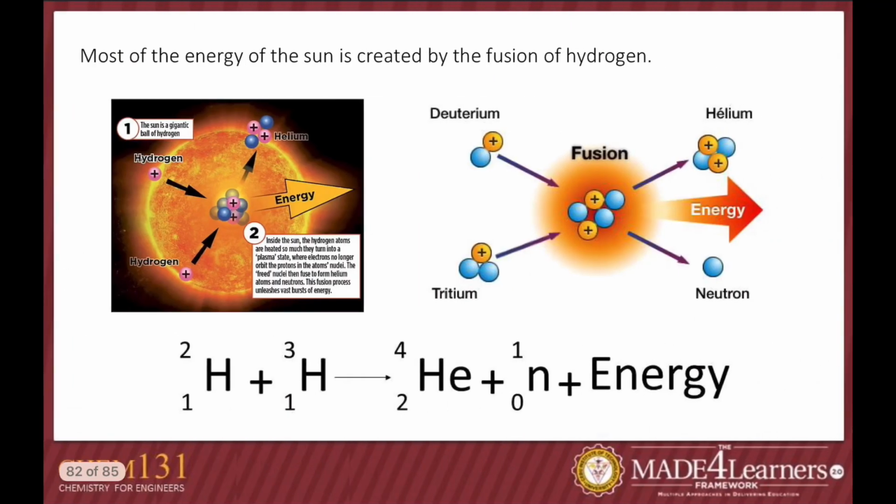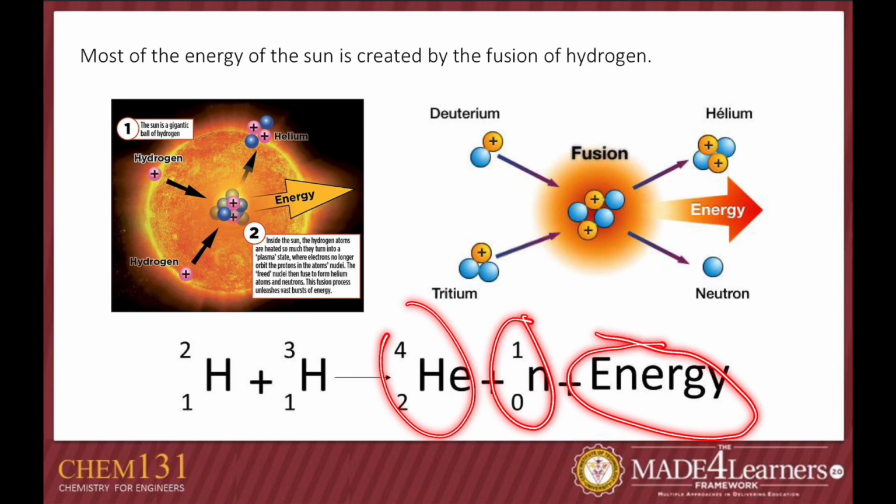Fusion is actually how energy is made. Most of the energy of the sun is created by the fusion of hydrogen.